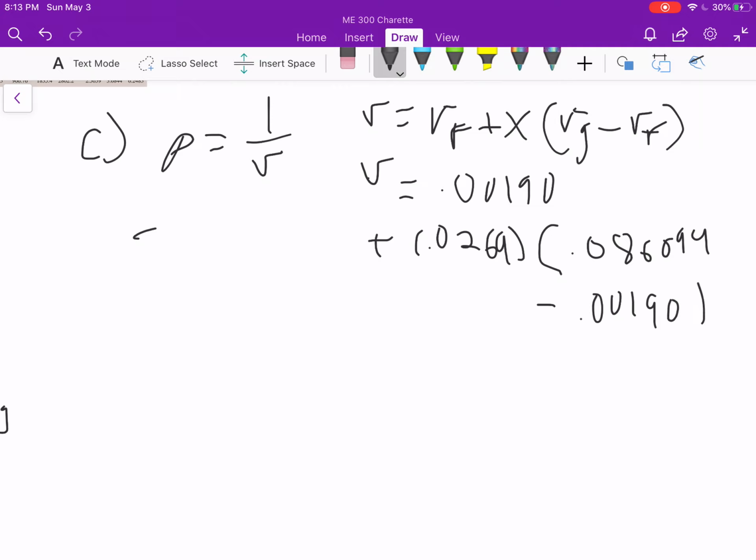If we calculate that, our average specific volume is going to be 0.00347 meters cubed per kilogram.